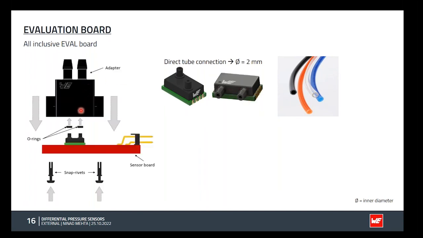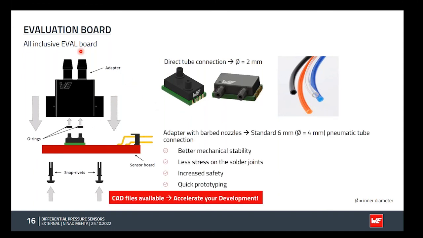But with our evaluation board, you also get an adapter and O-rings for the sealing, which you can use for your prototyping, where you can use standard 6 millimeter pipes to connect to the sensor. And this is very important in terms of mechanical stability, because the electrical joints for the sensor, or the soldering joints, are not made to withstand the mechanical stress that comes with the pipes connected.